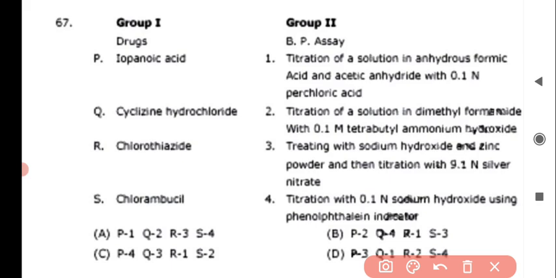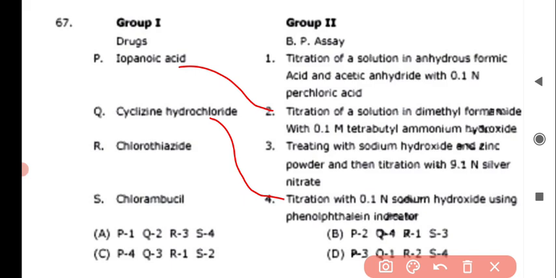In the next question, group 1 and group 2 contain drugs and assay methods. For the first drug, iopanoic acid, the correct answer is option number 2, titration of a solution in dimethyl formamide with 0.1 molar tetrabutyl ammonium hydroxide. Next is cyclizine hydrochloride, the correct answer is option number 4, that is titration with 0.1 normal sodium hydroxide using phenolphthalein indicator.